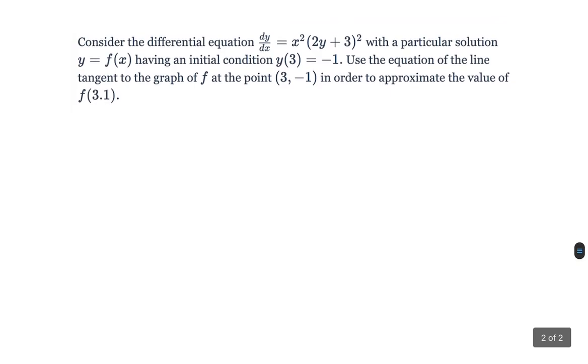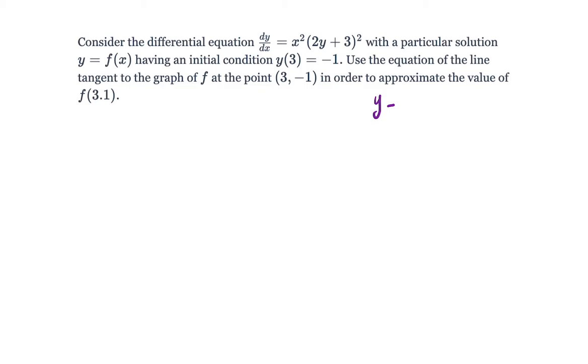Let's say we have, and so now just kind of abstracted completely from context here, the derivative of the function dy over dx equals x squared times 2y plus 3 squared. Ooh, tricky one, with a particular solution of y equals f of x, okay? Initial condition, use the equation of the line tangent to the graph at the point 3, comma, negative 1.